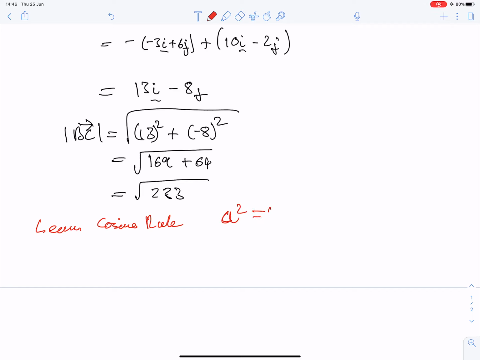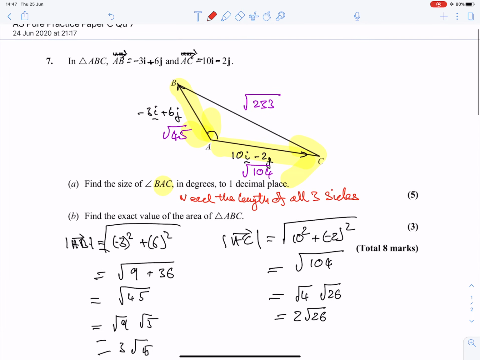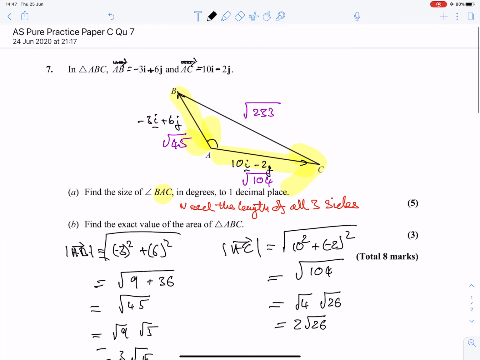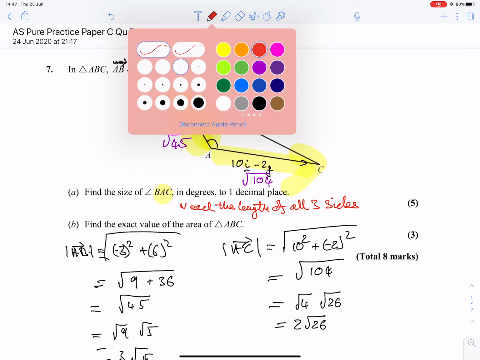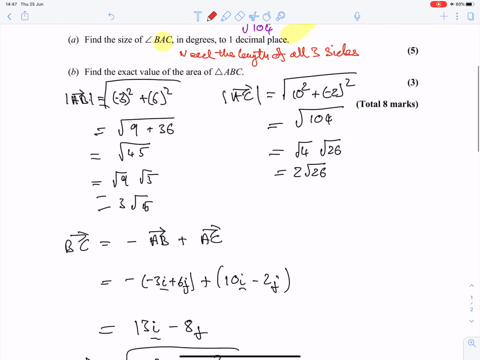a squared equals b squared plus c squared minus 2bc cos of angle A. And we're working out angle A, so that's exactly the form we like. So a squared. Now a, little a, is going to be the side opposite angle A. So that's a, this will be side little b, this will be side little c.